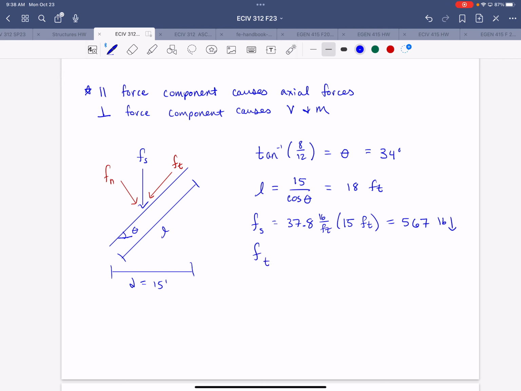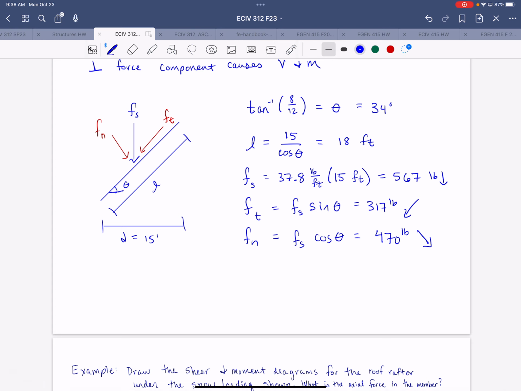So the tangential component is Fs sine theta, which would be 317 pounds in that direction. And the normal component is Fs cosine theta, which would be 470 pounds in that direction.